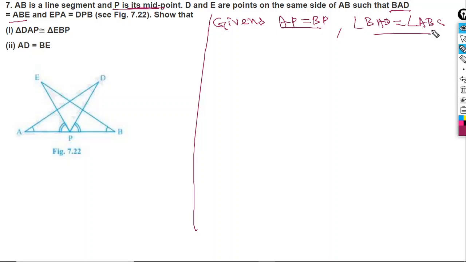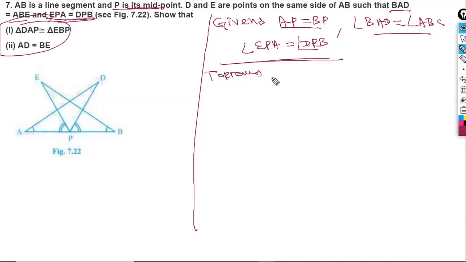This is given, and it is also given angle EPA equals angle DPB. Now what to prove is this: triangle DAP is congruent to triangle EBP and AD equals BE.